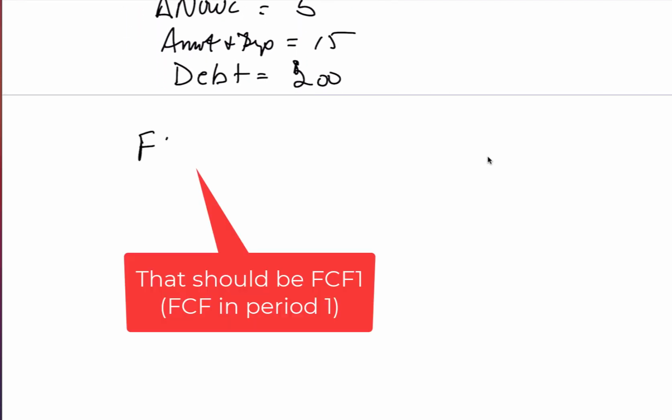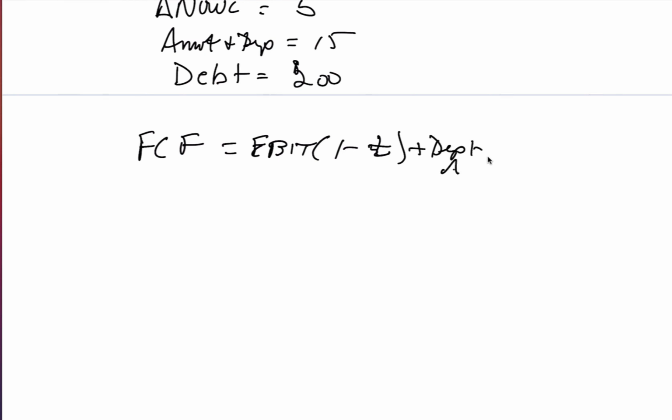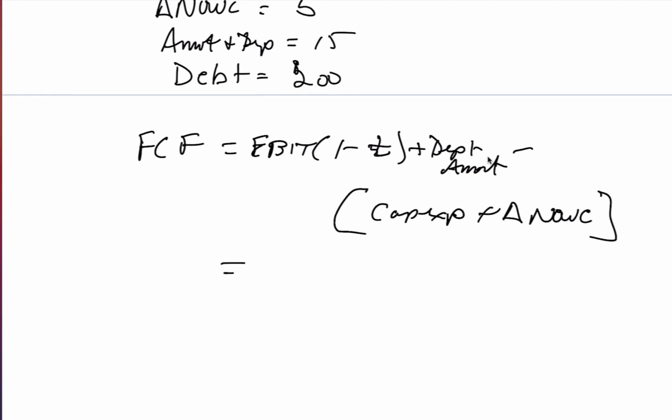First off, free cash flow is equal to EBIT times (1 minus T), plus depreciation and amortization, minus CapEx, minus the change in net operating working capital. As I say in class, it's a plug and chug problem. You just plug the numbers in and crank it out.